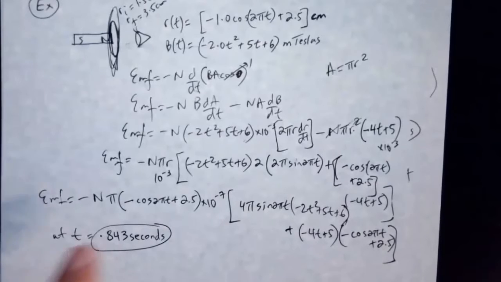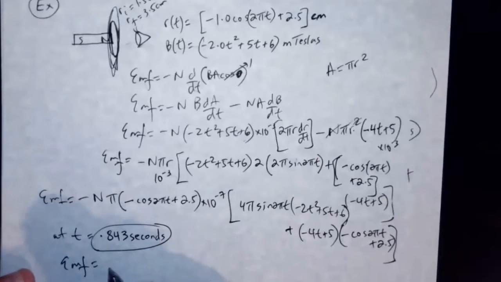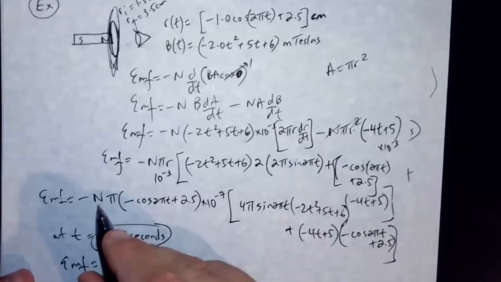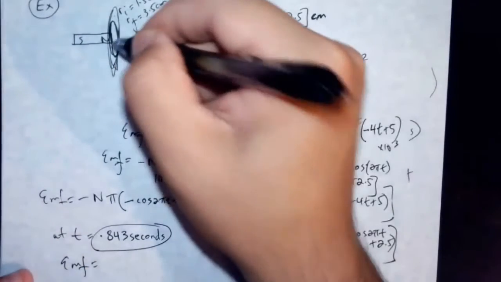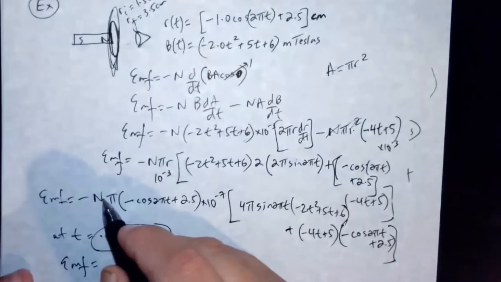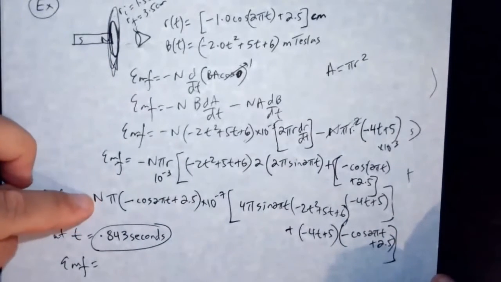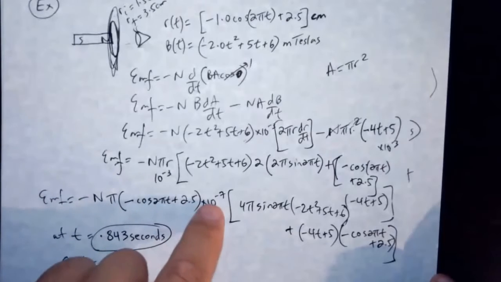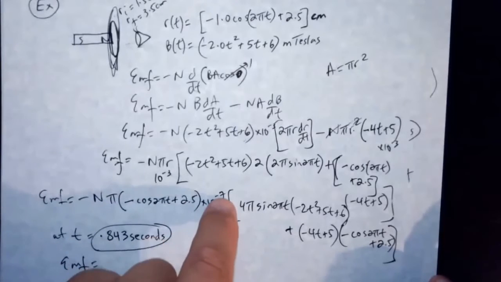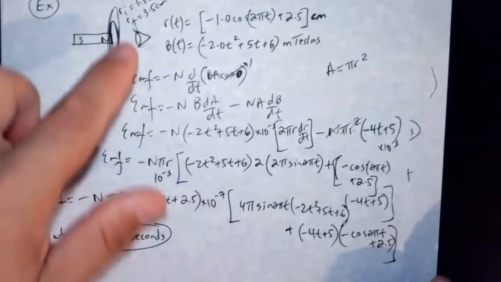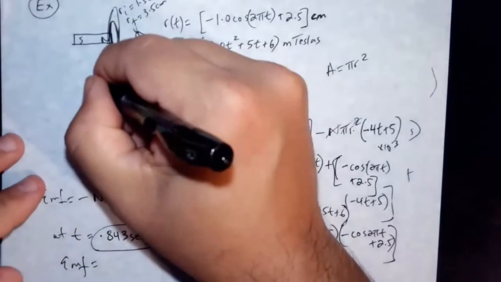Then you just put everything in, and then the rest is just making sure you don't make a calculation mistake. Let's make the n large so that we beat this 10 to the minus 7. I can make the n as large as I want.